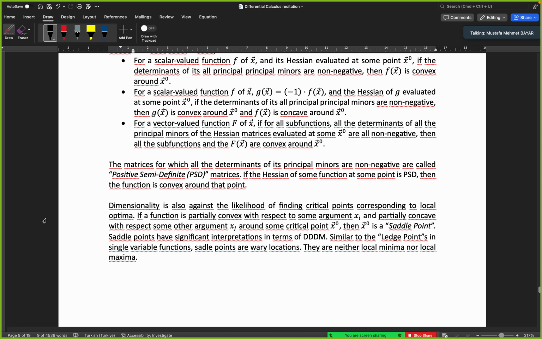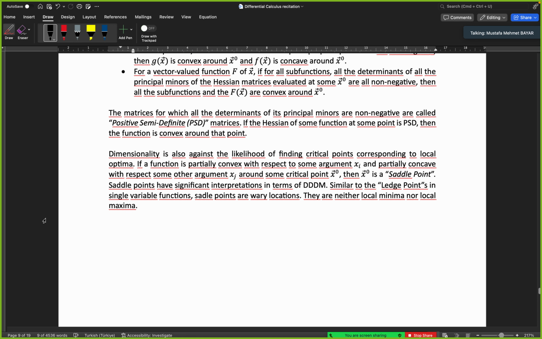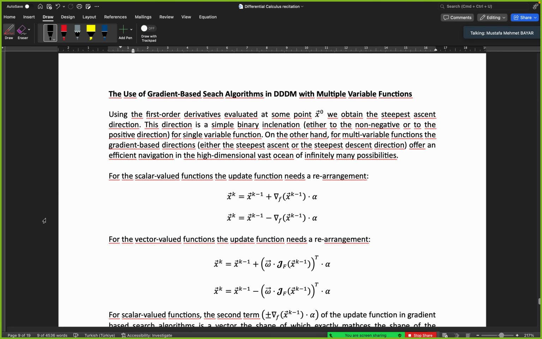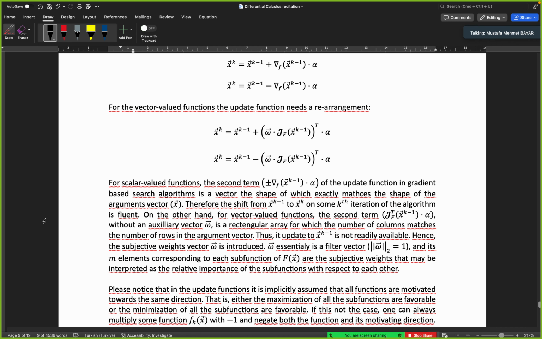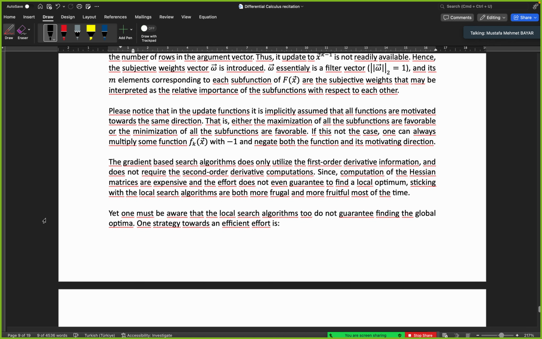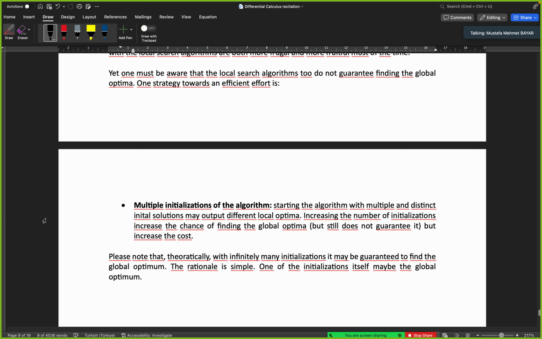But what can you do? What should be a good strategy to move around it? Well, it is using the gradient-based search algorithms again. Moving towards the good directions, you slowly get better and better values. And if you use multiple initializations with distinct solutions, then you may get different, relatively good solutions.